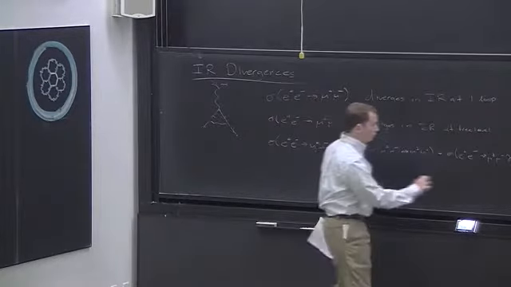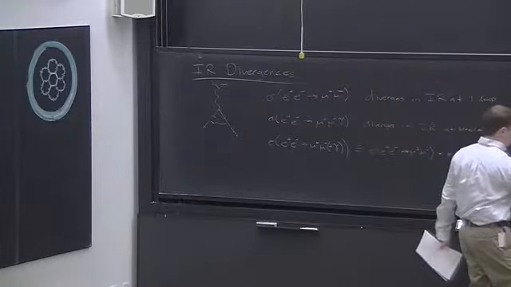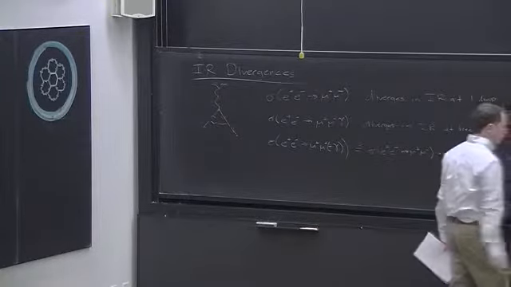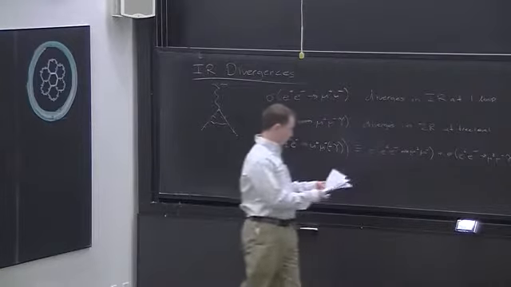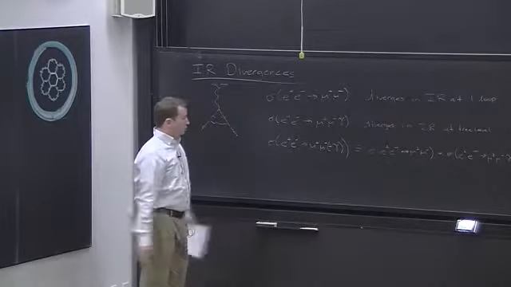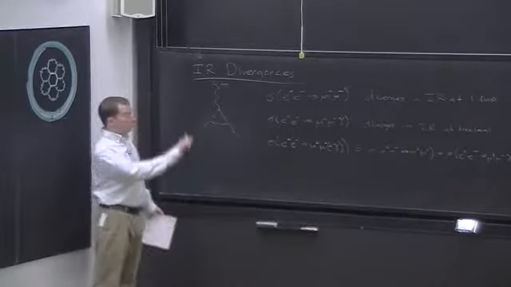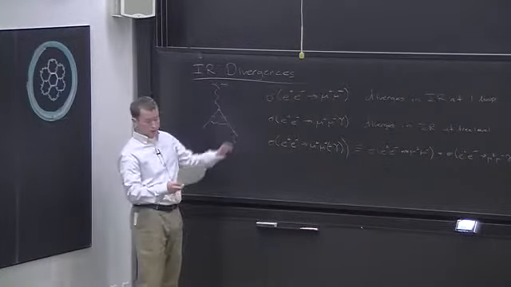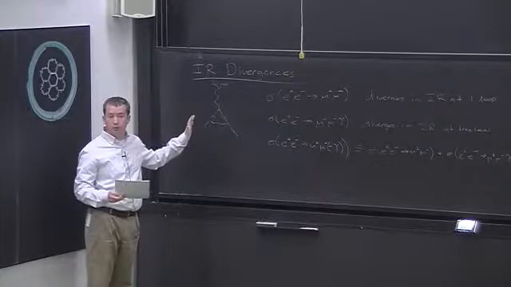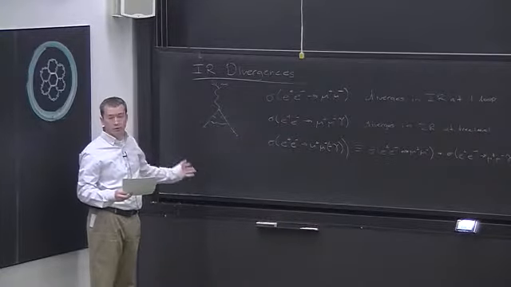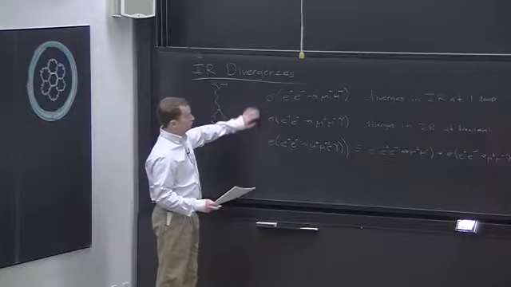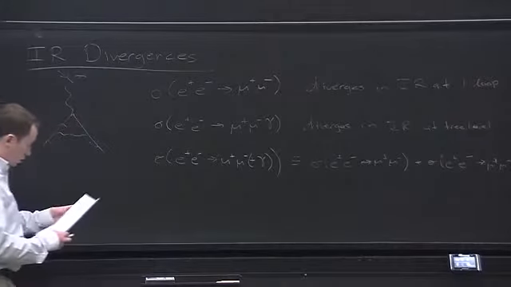So this is finite. And before we go into the calculations and I explain why this is divergent and how the divergence is canceled, I just want to give you some physical intuition for what's going on, why we might expect these divergences.